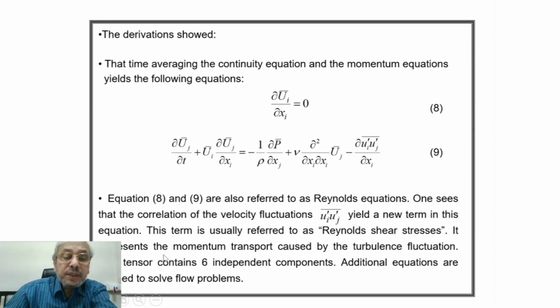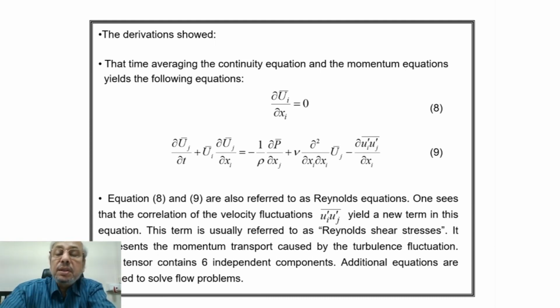It represents the momentum transport caused by the turbulence fluctuation. This tensor contains 6 independent components. Additional equations are needed to solve these problems.